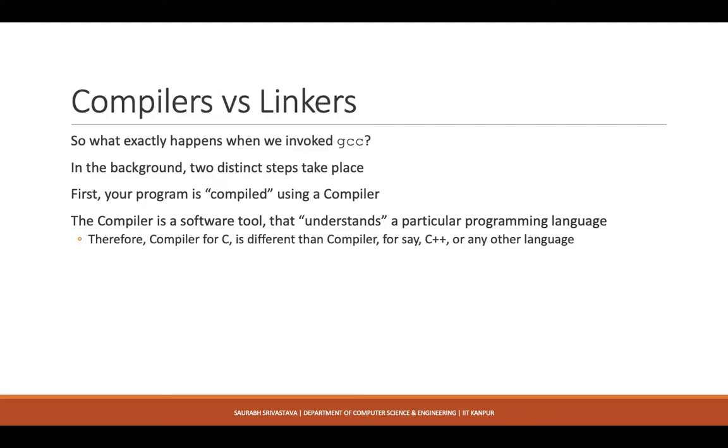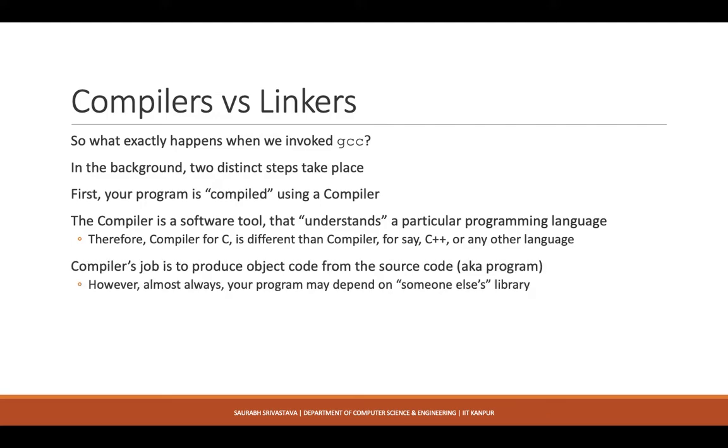All the languages have their own compilers, and what it does is simply translate whatever you have written, for example in a language like C, into something that is more understandable by your machine. We are calling that thing object code. The compiler's job is to produce object code from the source code. Whatever you write in that .c file, the compiler simply compiles. And now, in general, right?